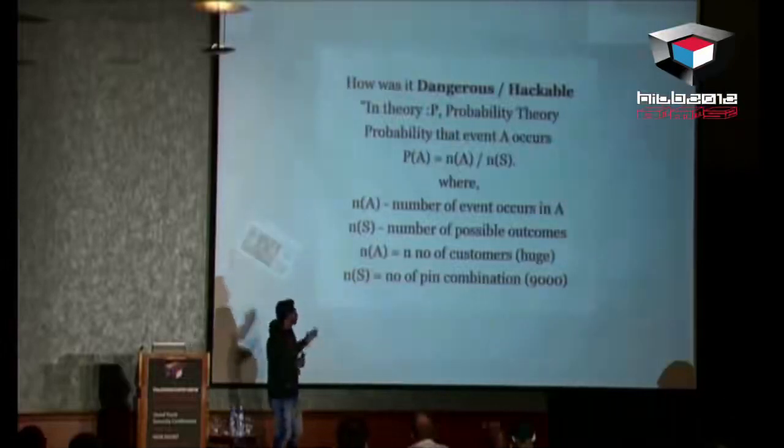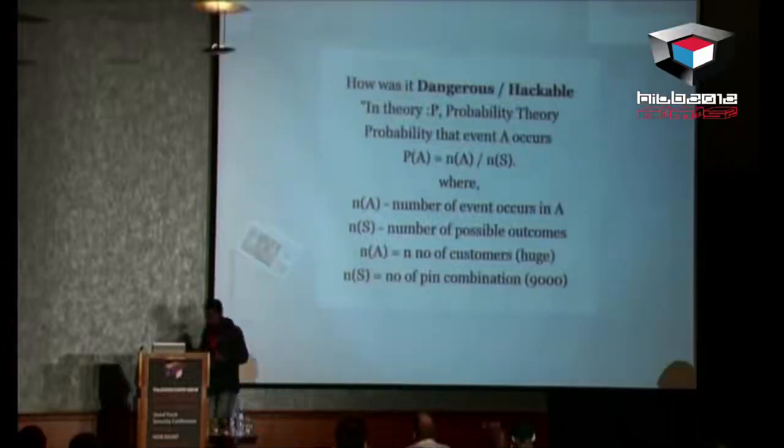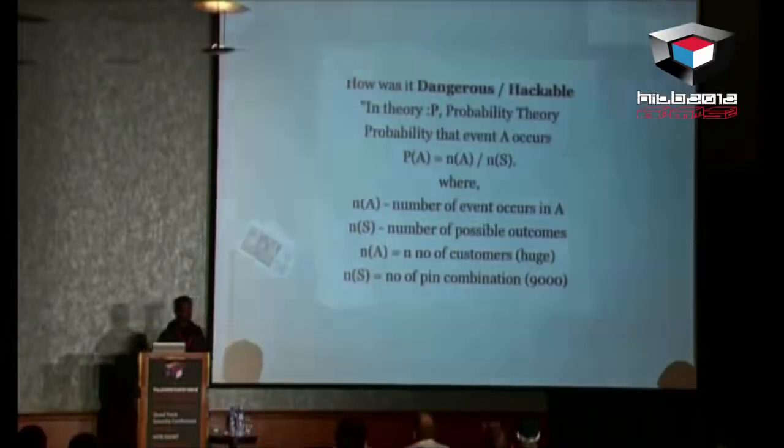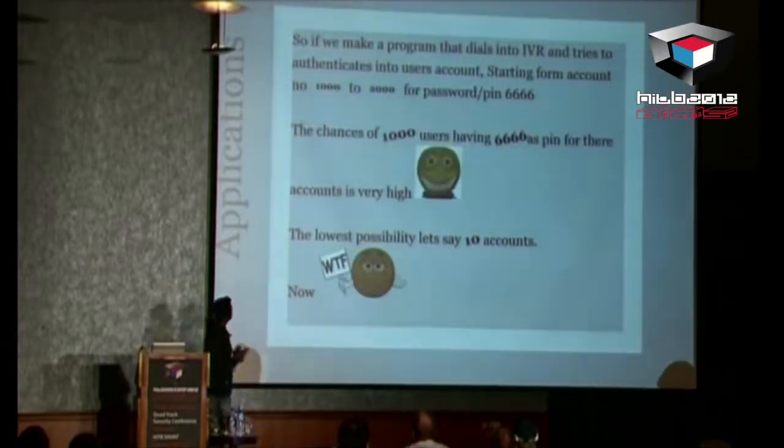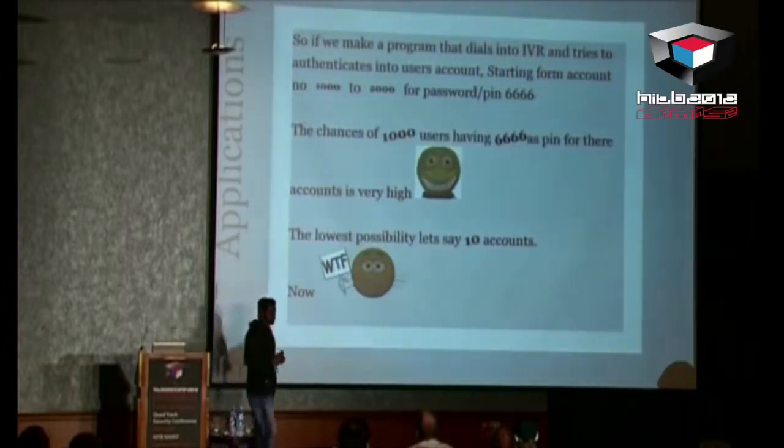When you divide a very huge user list by the number of PIN combinations, the possibility of multiple users having the same PIN would be high. So if I make a brute force program and try to authenticate into user accounts starting from account number 1000 to account number 2000 for the PIN 666, the chances of 100 users having the same PIN would be pretty huge.